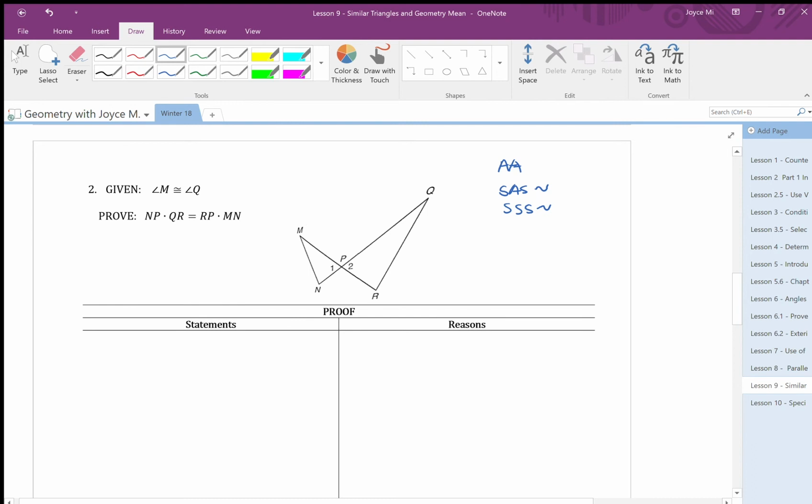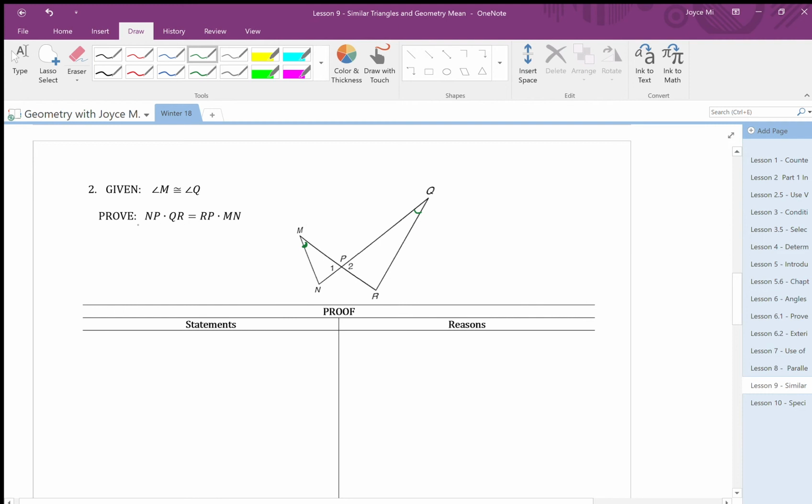So let's mark the triangle, mark the things we know, and see what we're asked for before we jump into the plan. We're given that angles M and Q are congruent. I like to mark the givens in green. I need to show that NP times QR is equal to RP times MN.